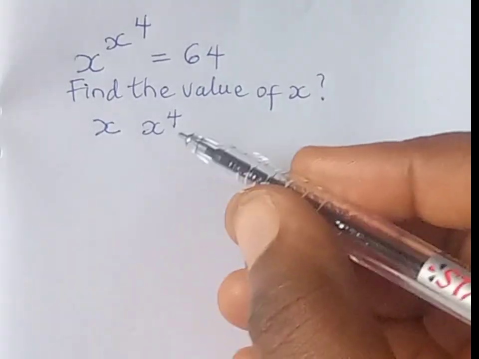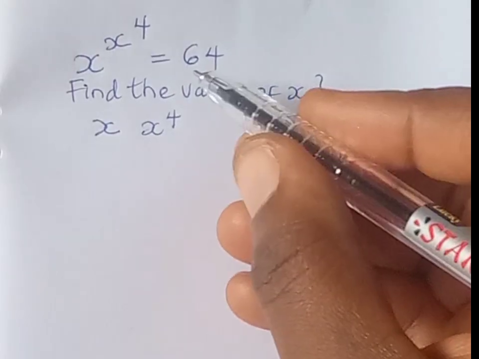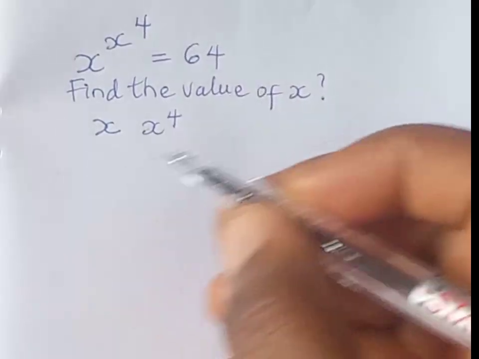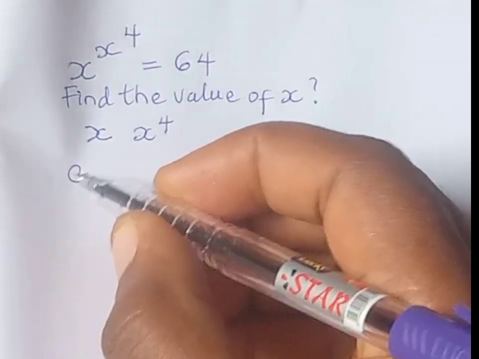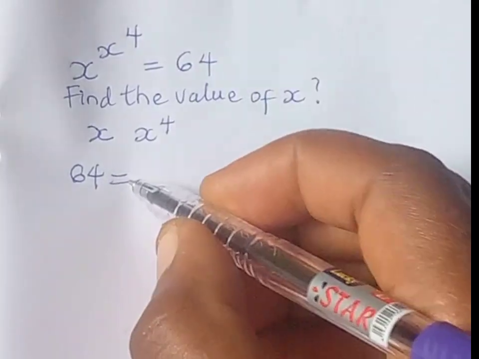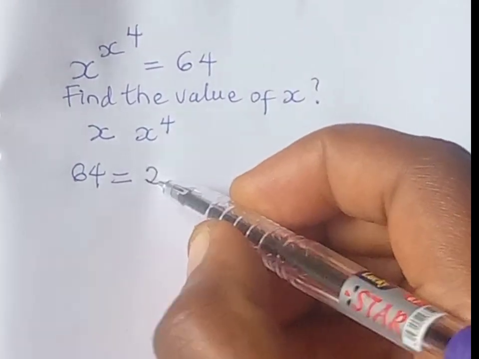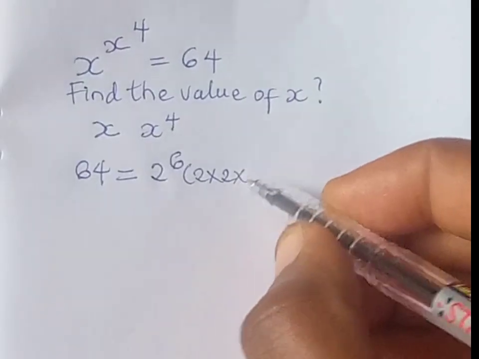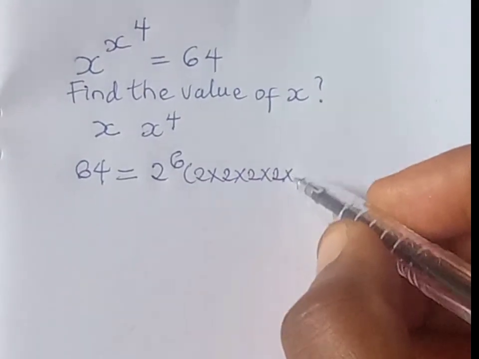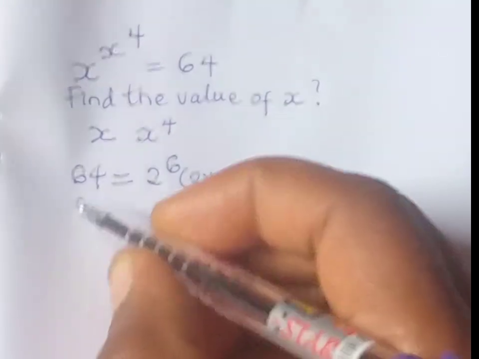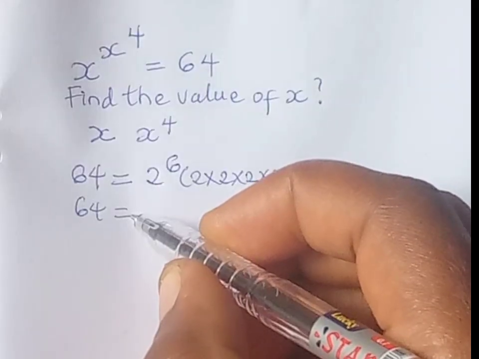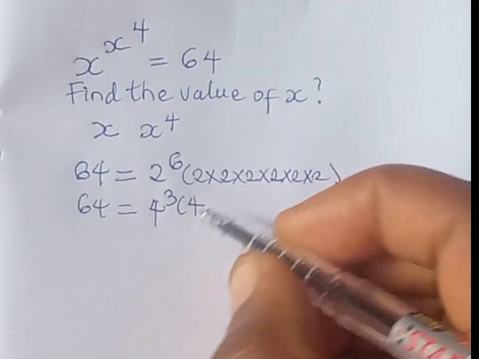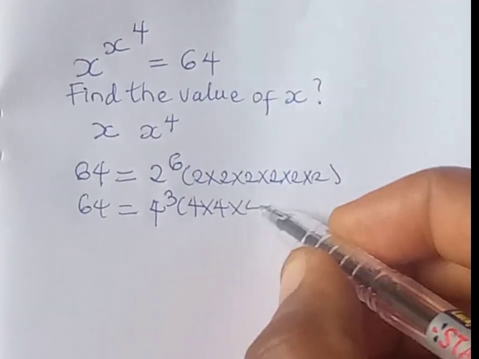Now, the first thing mathematicians often do is to rewrite the number on the right hand side, which is 64. It can be rewritten as 2 raised to the power of 6, that is 2 times 2 times 2 times 2 times 2 times 2. 64 can also be rewritten as 4 cubed, that is 4 times 4 times 4.